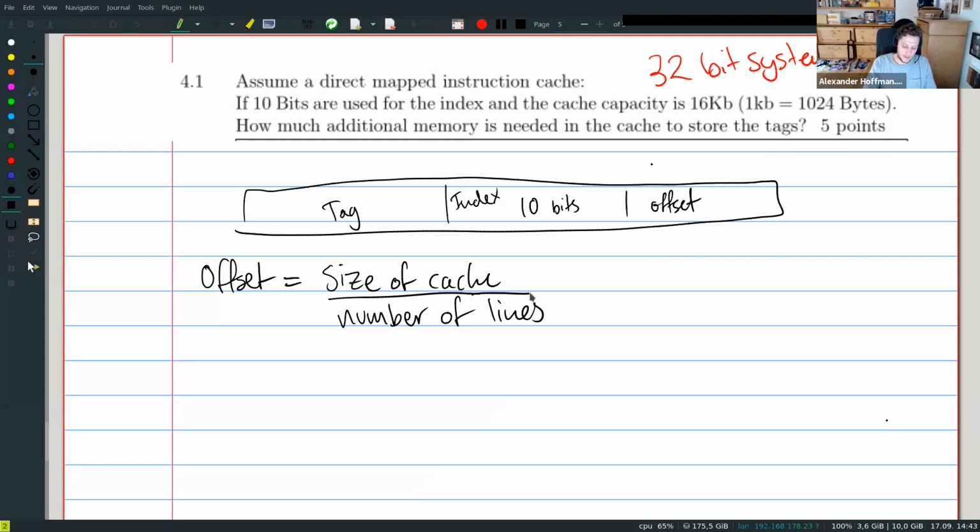How big is our size of cache? But more specifically, we just say this is 16 times 1024, right? Like here.